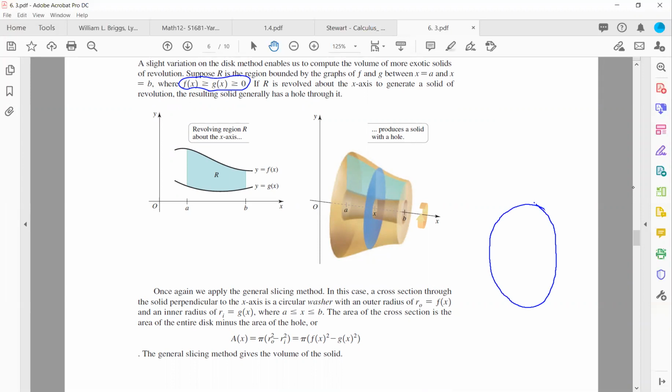Here you have a circle. The upper circle is f of x. You have another circle inside this circle. The inner circle is g of x. So the radius is not 0 to f of x. The radius is between f of x and g of x.